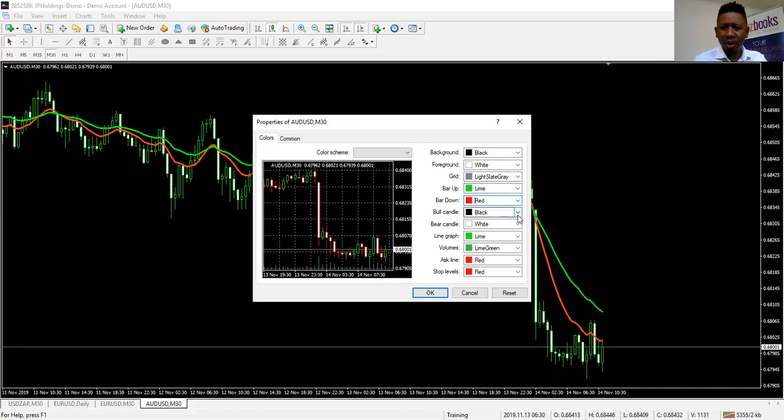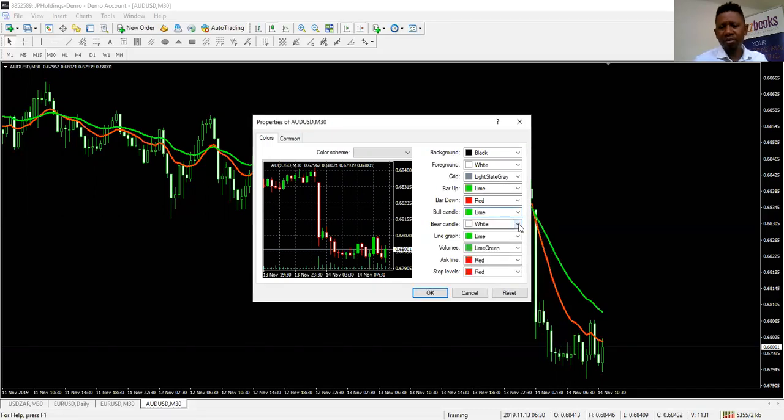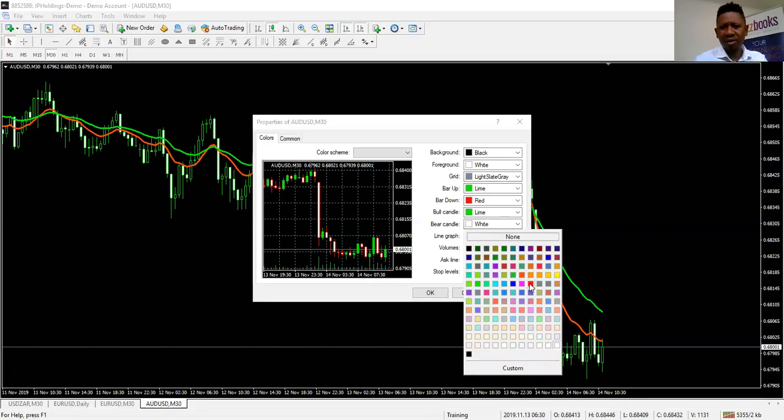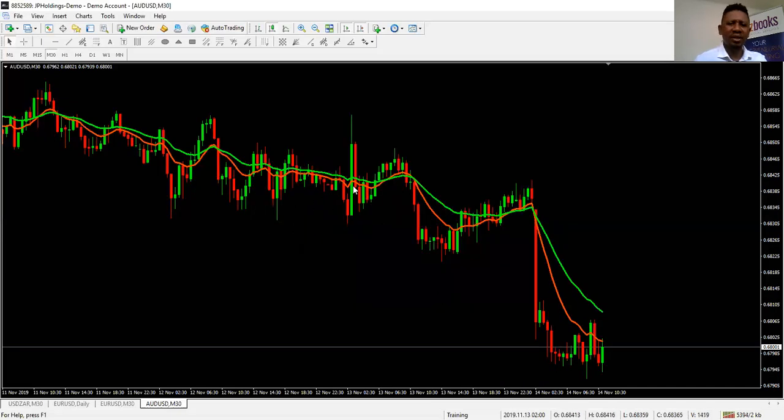Bull is lime, and bear, because it's bearish, is red. Then you just say okay. Now I've got red candles and lime or green candles: red for down and green for up. I'll leave it like that for those who like it. If you want to save, we'll save the template later.